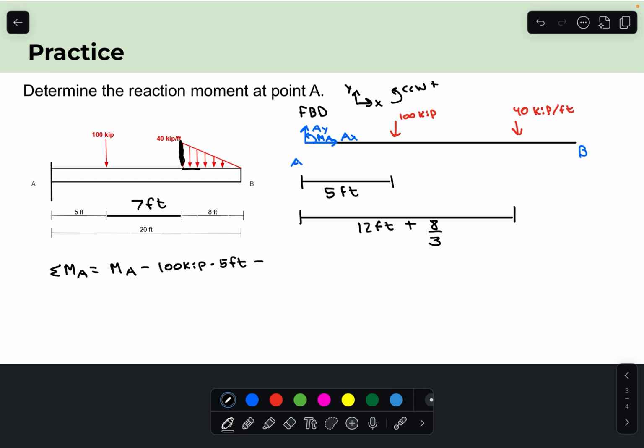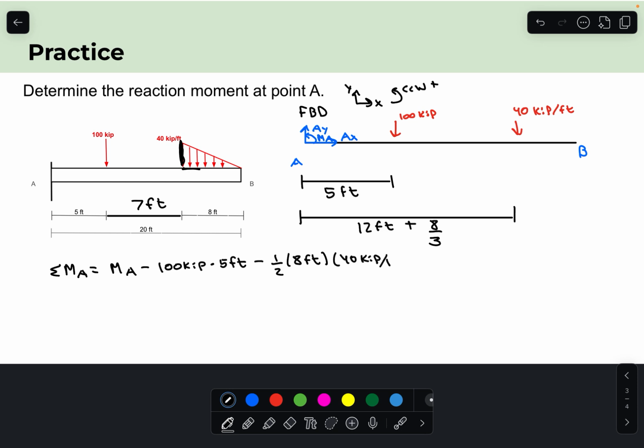So the way that we handle that is we simply take the 40 kip per foot, well, to get the magnitude of that force and keep track of our units, we take the area of the triangle. So that's simple, just 1/2 base times height, the base being 8 feet, and the height being 40 kip per foot.